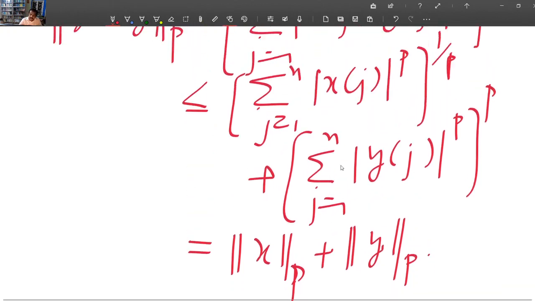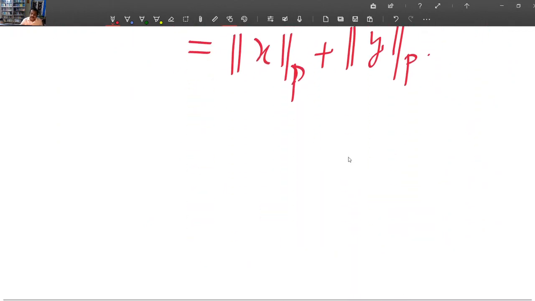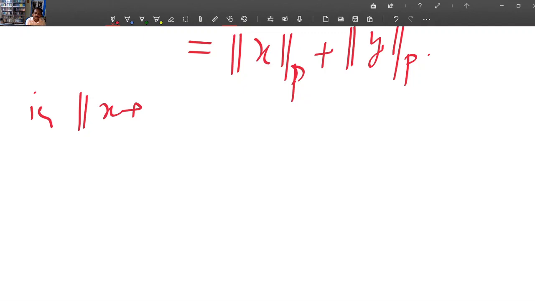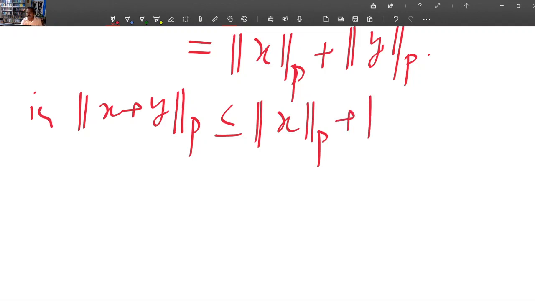So you have the triangle inequality now: the p norm of x plus y is less than or equal to the p norm of x plus the p norm of y.